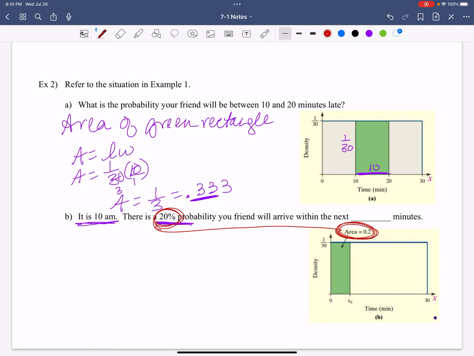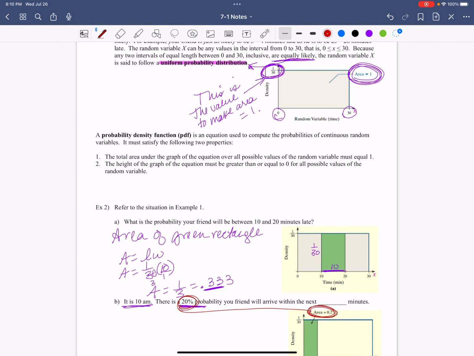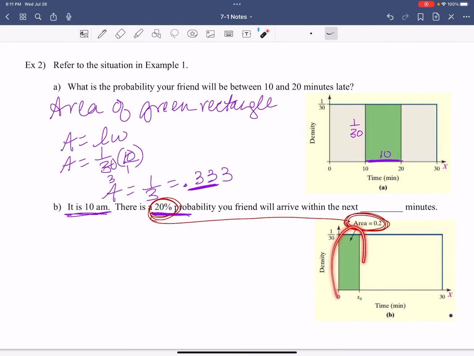Full probability means my area will equal 1. That's like saying I'm looking at 100% up here. Down here, my question specifically says 20%. So I know the probability. The probability and the area, they're talking about that same thing.